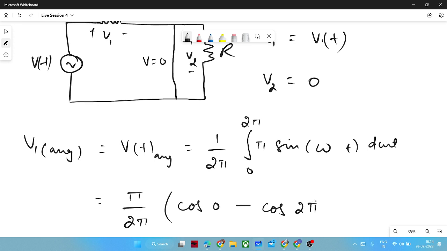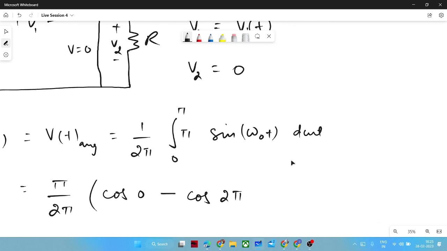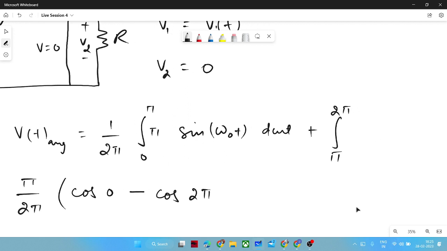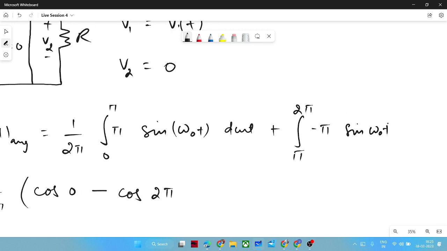So this negative side we have to go. Yeah, that negative should come. So from pi to 2 pi, it will be minus pi sine omega t.